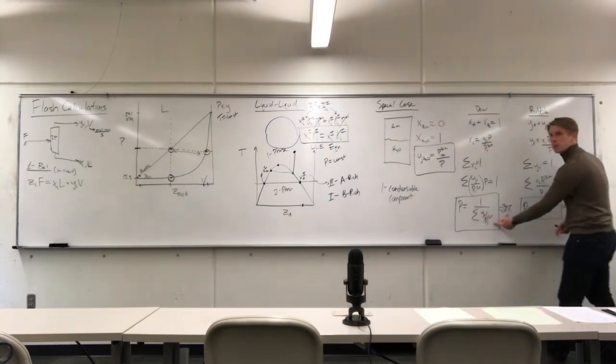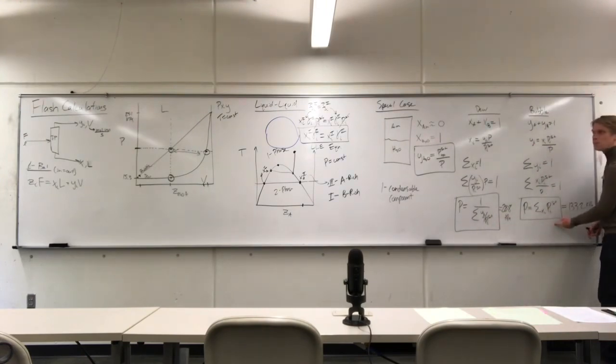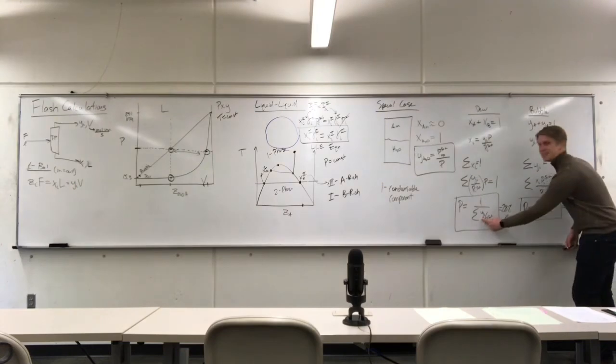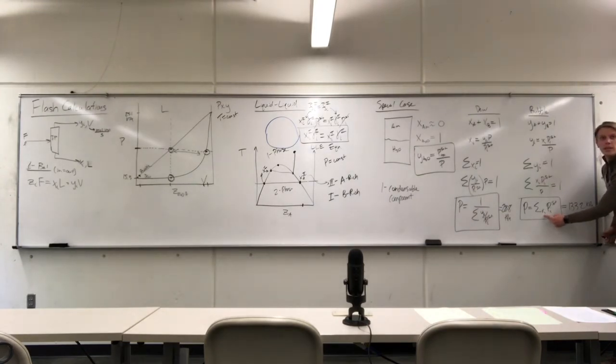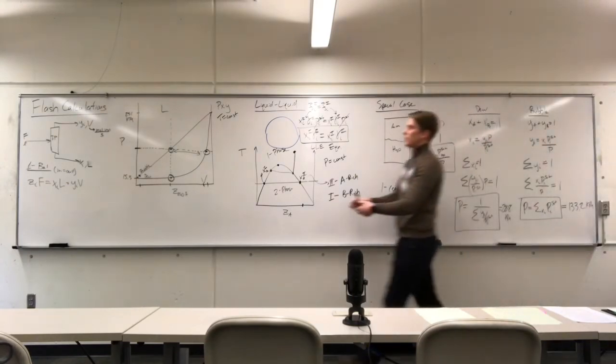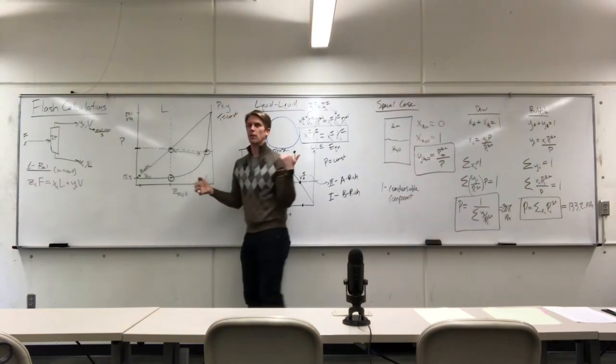What makes this the bubble curve, and what makes this the dew curve, is when I substitute in Z, the total composition, for the vapor composition, or when I substitute in the Z total composition for the liquid composition. But I can use this equation, depending on the system, to solve whatever I want. That's a totally valid equation.